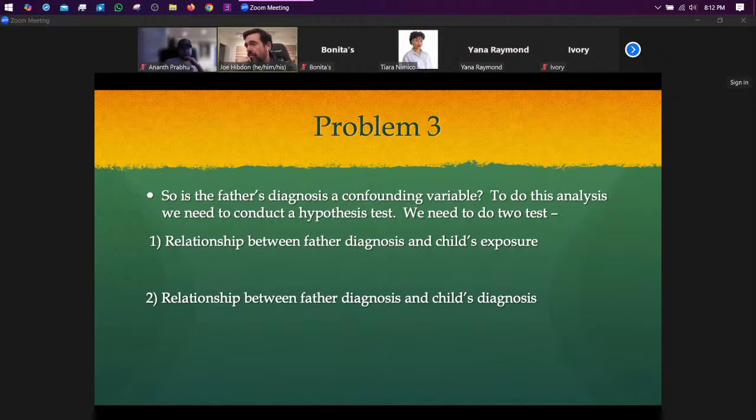Yeah, and it could be that somebody with ADHD makes less money and is more likely to be in housing with lead paint and not provided with the information resources to be aware of it. So there's a lot of different confounding variables, but we're just trying to see if this one is, right? Is the father's diagnosis a confounding variable? Regardless of anything else.